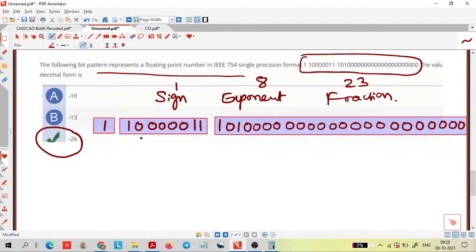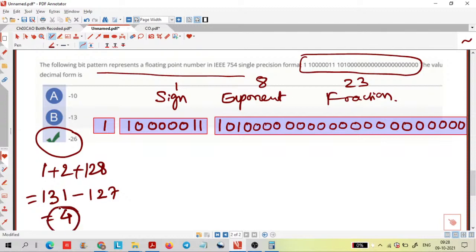Here the exponent bits are 1 0 0 0 0 0 1 1. What is its decimal value? 2 raised to 0, 2 raised to 1, 2 raised to 2, up to 2 raised to 7. 7 means 128, so it will be 131. So 131 minus 127, which we added earlier, gives 4. The exponent value will be 4, and this is the fraction part.